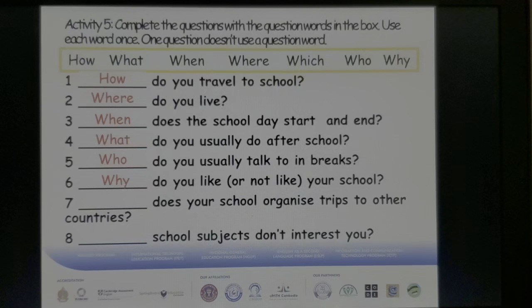Number 7 doesn't need a question word, so the answer can be this one. And number 8 is which school subjects don't interest you. Okay, that's it.